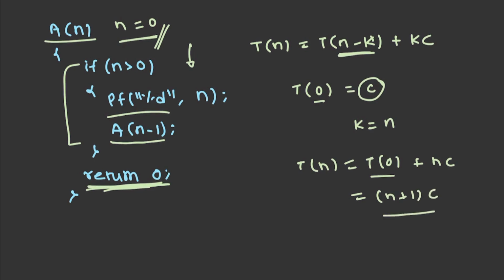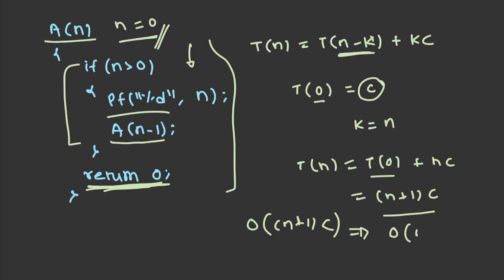This is the total work or the total time that has been taken to complete the execution of this program. So, the complexity is order of n plus 1 into constant, which can be translated as order of n plus 1, as we know that order of constant is equivalent to order of 1. I can even modify it as order of n.